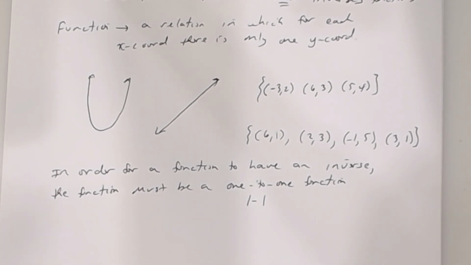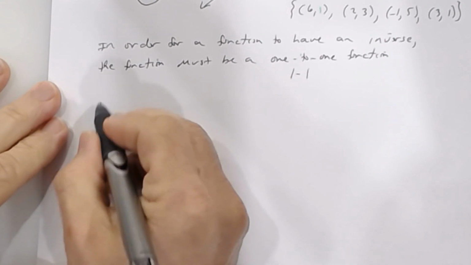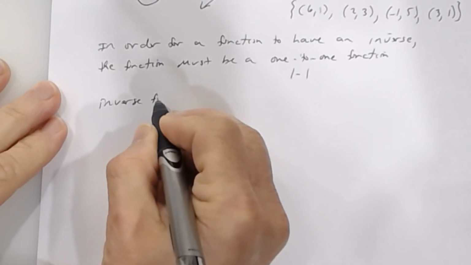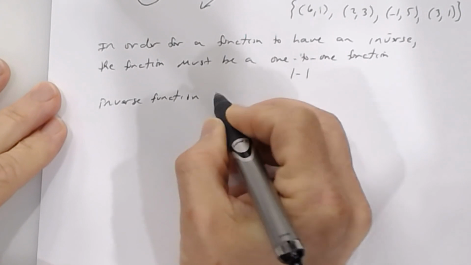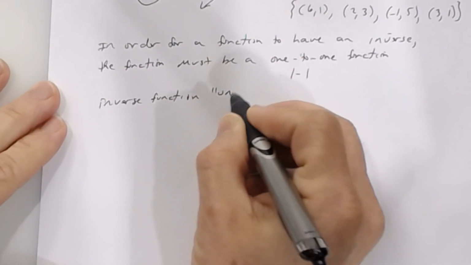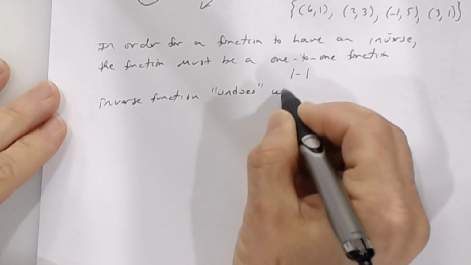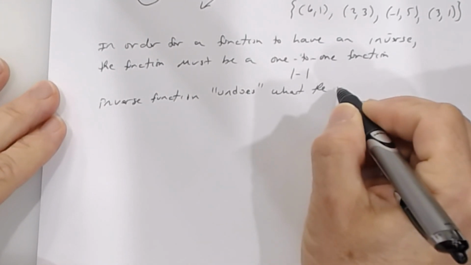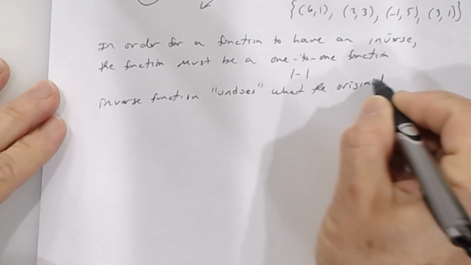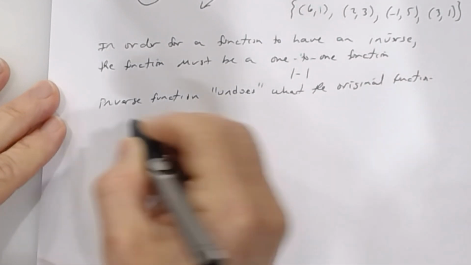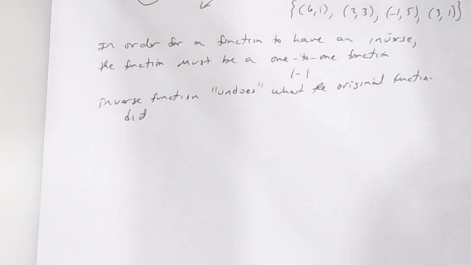And we want to eventually talk about inverse functions. Well, an inverse function undoes what the original function did. So an inverse function undoes what the original function did.